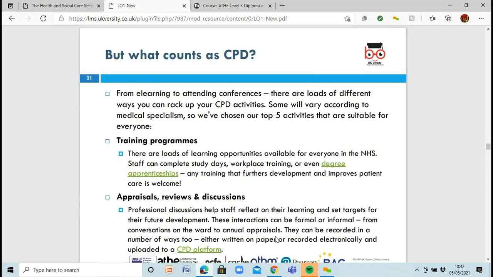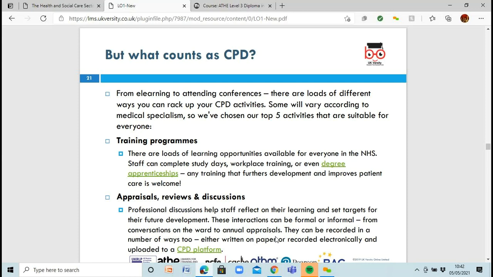So again, what counts as CPD? On here, I'm not going to read through every single little thing with you, but what counts as CPD is observations. Like I said, I might come into work now and I might be told, oh, Afsha, go and shadow Athe today. You're going to see what sort of procedures she does, what her patient care is like.